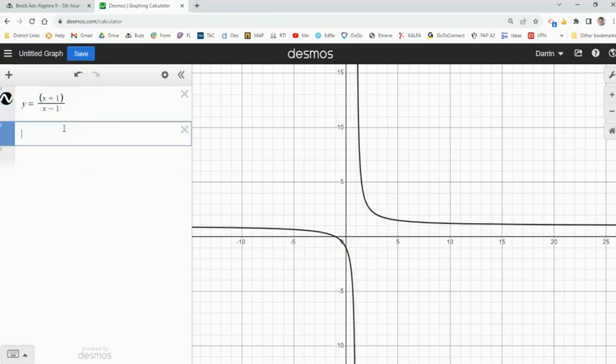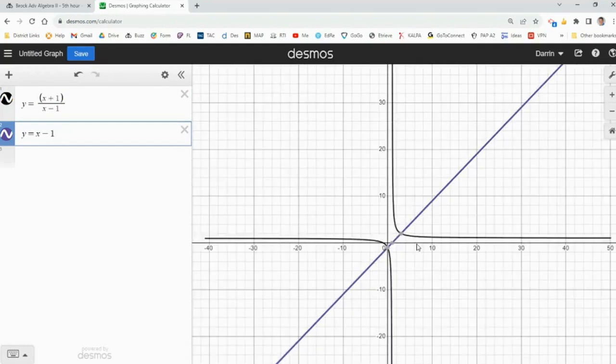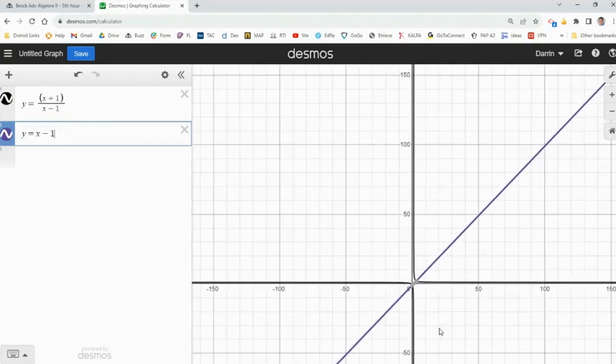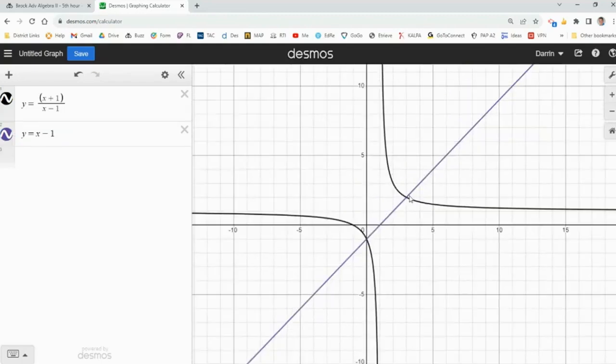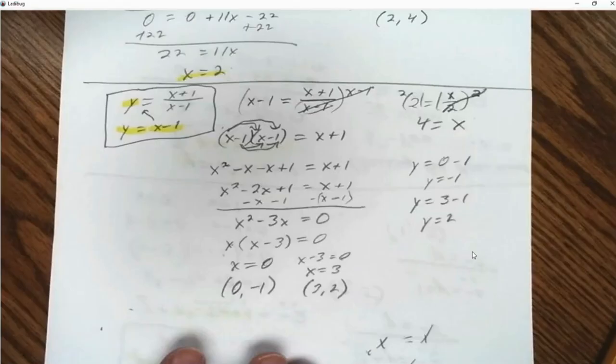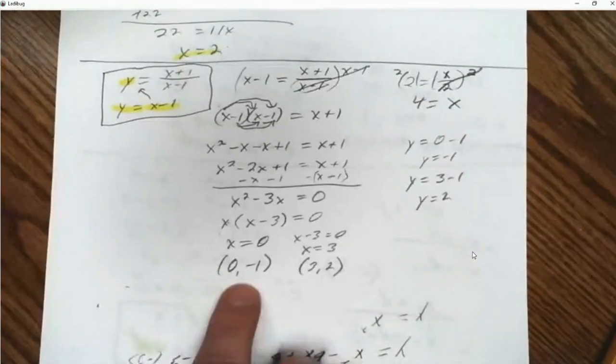Here's the second one, y equals x minus 1. Oh, look, there's two solutions. As I zoom out, that's the only place we're going to touch, but they cross in two places. One of them is 3, 2, and the other one's 0, negative 1. What were the solutions we had? 3, 2, 0, negative 1.